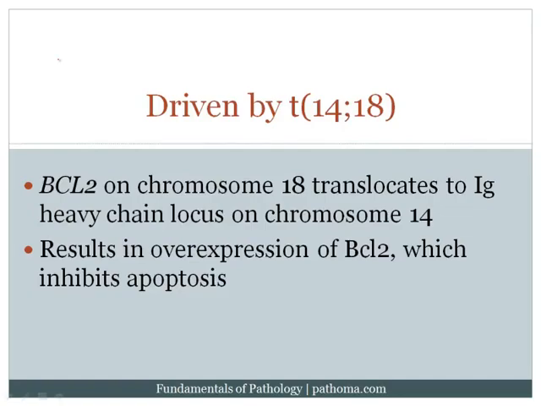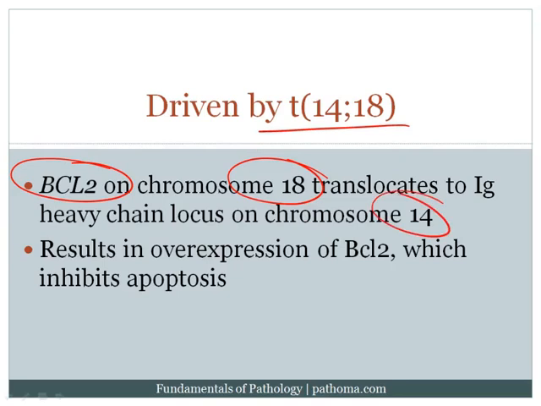And that's what I'm highlighting here in your slide, where I say that it's driven by a 14-18 translocation, and that involves BCL2 on chromosome 18, which translocates to the immunoglobulin heavy chain locus on chromosome 14. Again, overexpression of BCL2 then inhibits apoptosis.